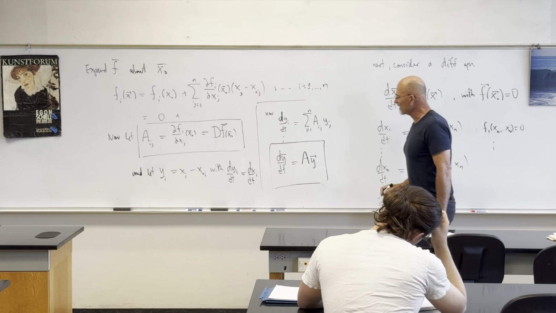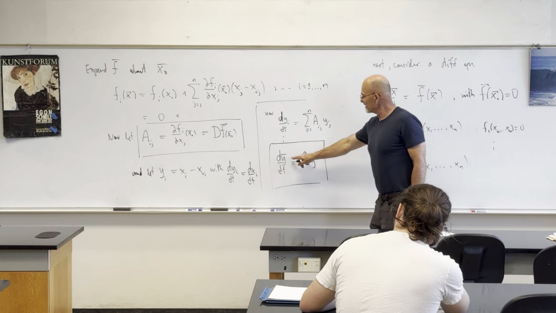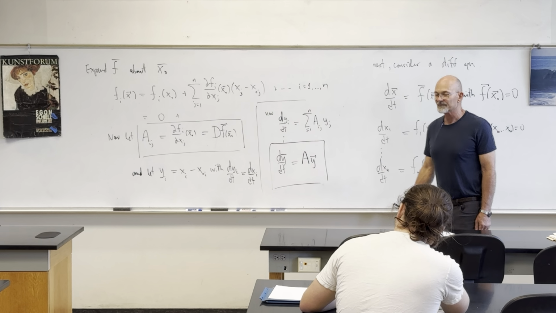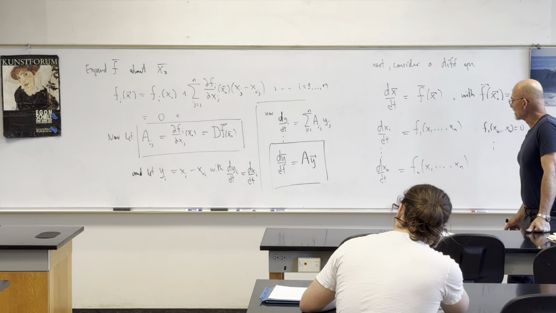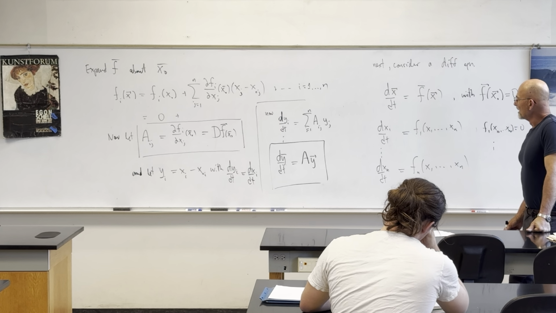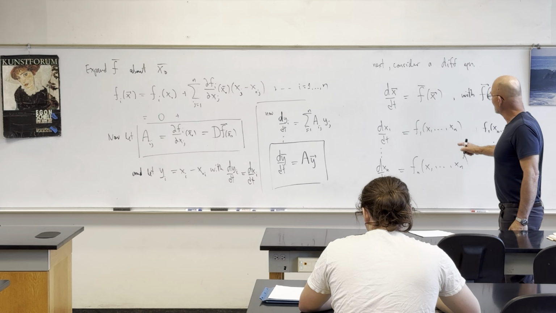So this again shows how general this situation is. The derivative of your vector is the matrix times the vector. And based on what we just did before, it's linear operator, vector, linear operator. Good, so this progression is important to recognize.